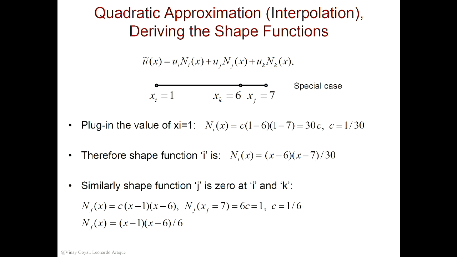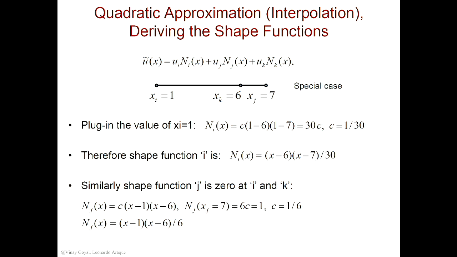X minus 1, x minus 6 times c. This must be 1 at this location, so 7 minus 1, 6. 7 minus 6, 1. So I have a 6. So c must be 1 over 6 for this to work out. Okay, so that's shape function nj.